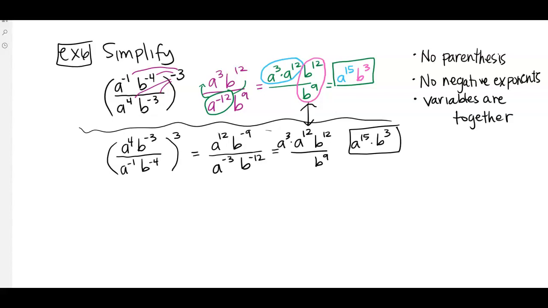We don't have any parentheses on that last part, but we can see that, oh yeah, I've got to get my A's together, so those variables have to be together, and then I've got to get my B's together. All right, so these are the three things that we're looking for. So it's simplified if we have all three of these things. Does that help? Okay, great. Good question. Always good to make sure we know what that is.